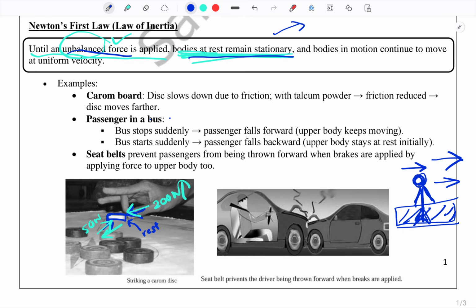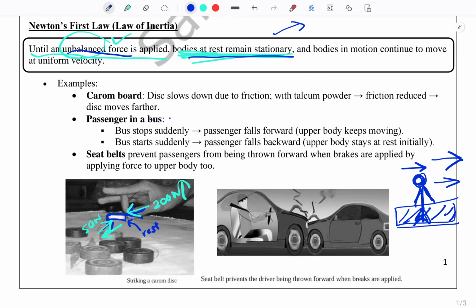Now think which parts are in contact with the bus. That's why we tell you to increase contact with the bus. If you are standing in the bus, you have to have good contact with the seats or the upper part of the bus. You know there are hangers.